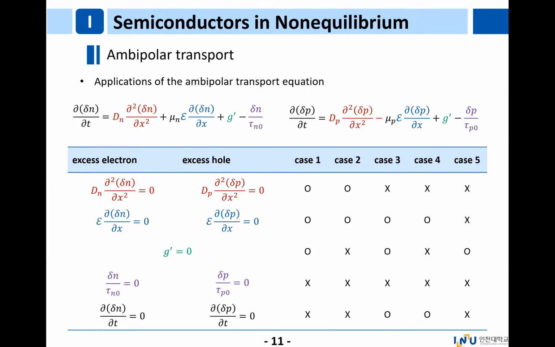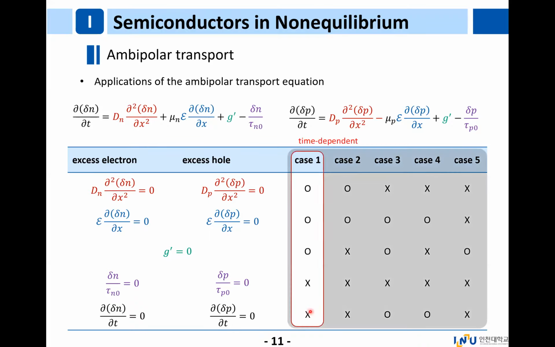To summarize, we apply the ambipolar transport equation to three main scenarios. Firstly, we examine the change in excess carrier concentration over time, specifically in a situation where light is continuously applied uniformly, reaching a steady state, and then suddenly removed, right?